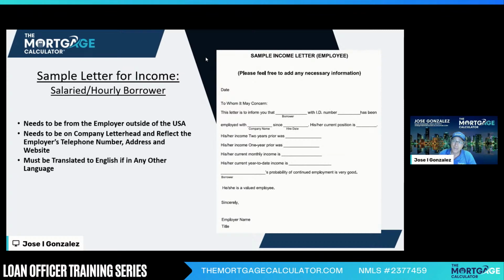But if you just accept them in whatever language they're in, that's fine, but keep in mind it's going to have to be translated by a certified translator, and that comes with time and cost. So that should be taken into consideration in the loan cost when it is being disclosed, right? That's one of the conversations you want to have with your borrower, and then find a good translator, or they're going to have to find a good translator in their country, and they'll have to provide that certified translation from their native language to English.